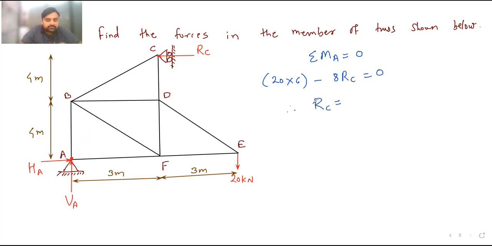What is the answer? 15 kilonewton. Is it right? 15 kilonewton? Yes, sir. Okay. And we have got the positive answer. So whatever assumed direction of RC is there, it is correct.